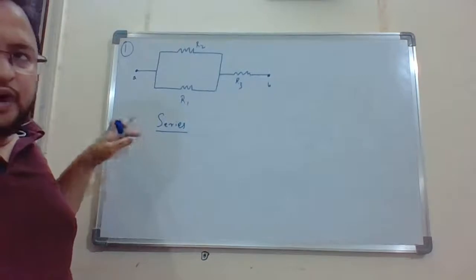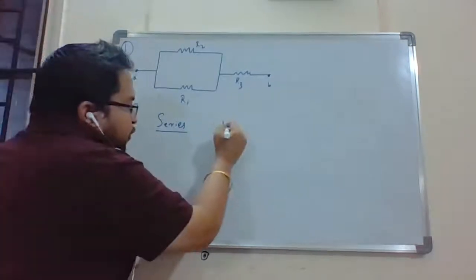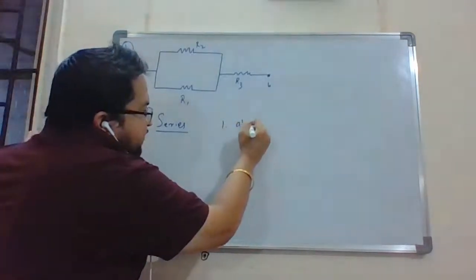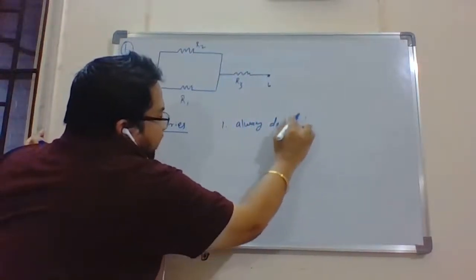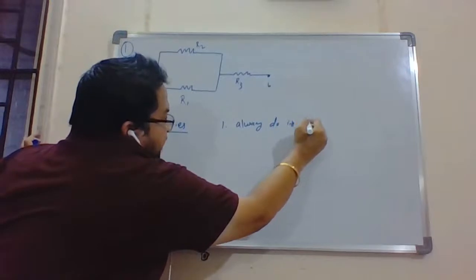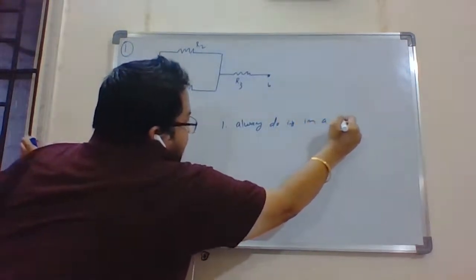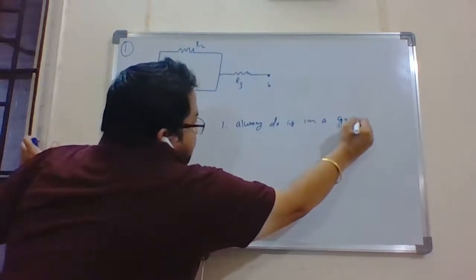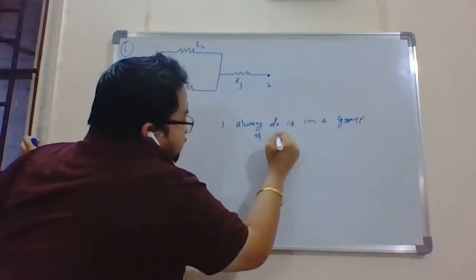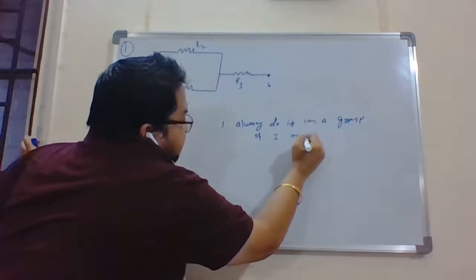Series and parallel: point number one, always always do it in a group of two resistances.